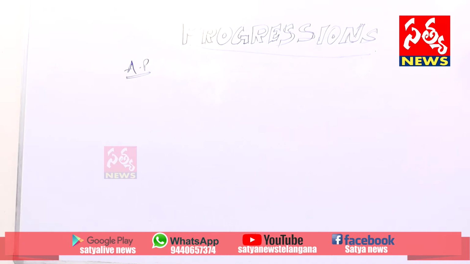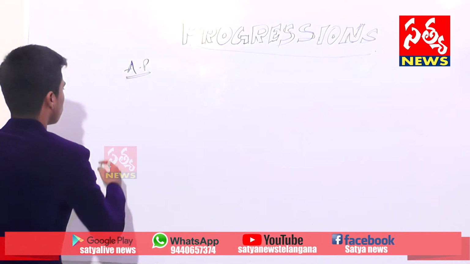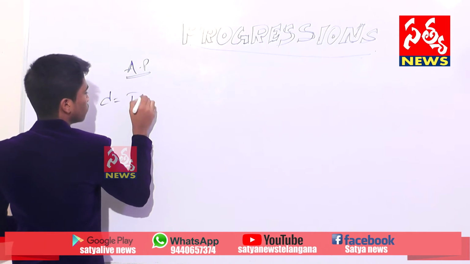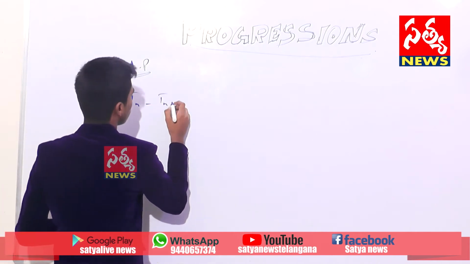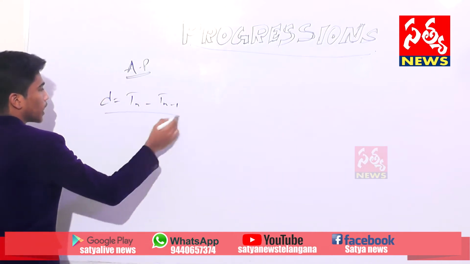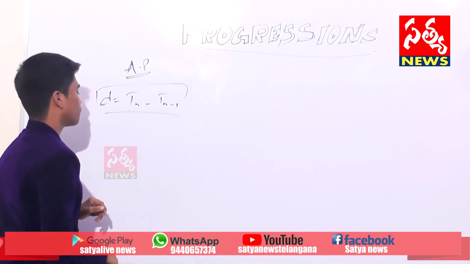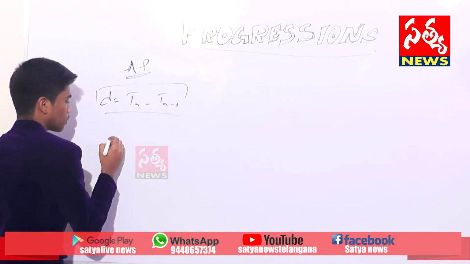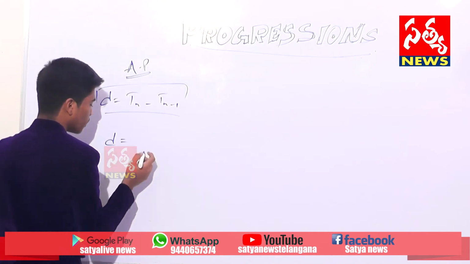Now, D is equal to T of n minus T of n minus 1. This is the condition for finding the value of D. D is classified into three ways.